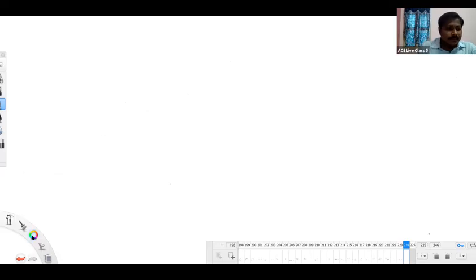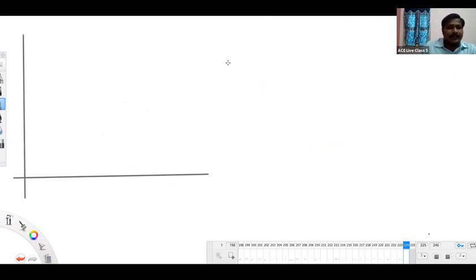See this: this is the line length axis, and this is the voltage magnitude axis.